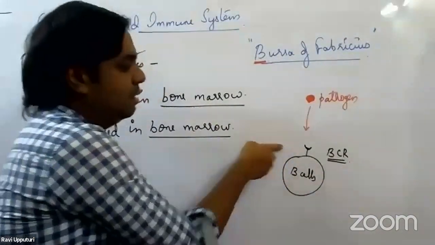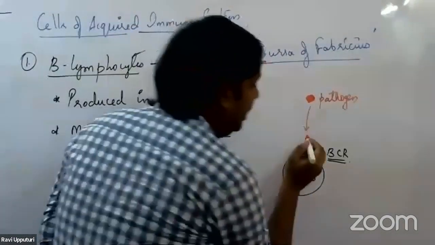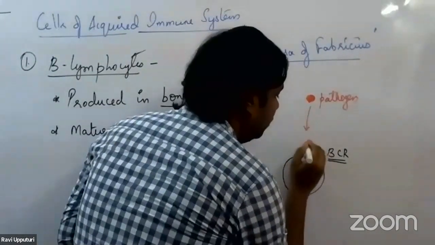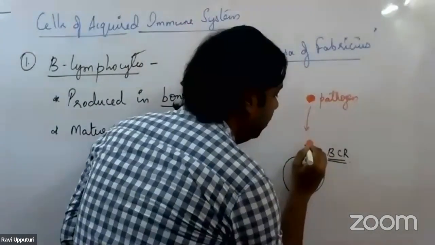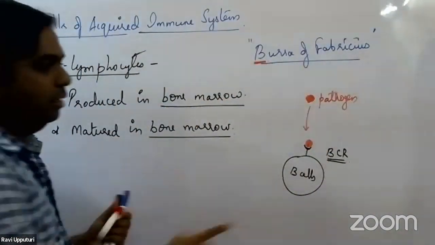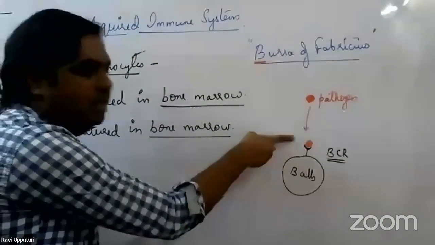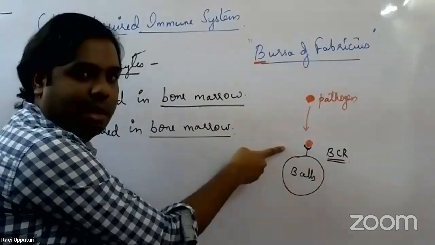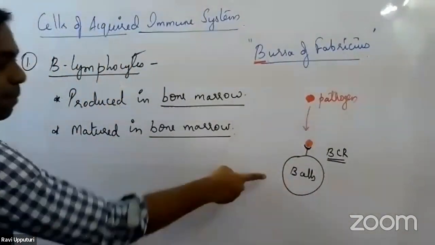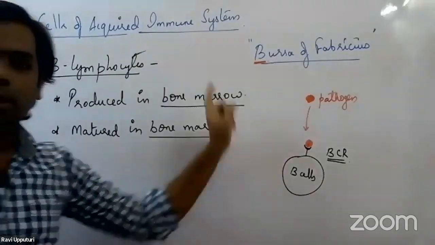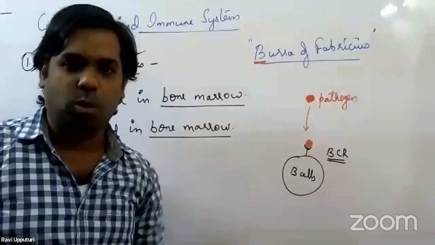This B cell receptor will start identifying the pathogen. Once the pathogen enters the body, it will first bind to the B cell receptor. This is a matured B cell. The B cell has been formed in the bone marrow and matured in the bone marrow.